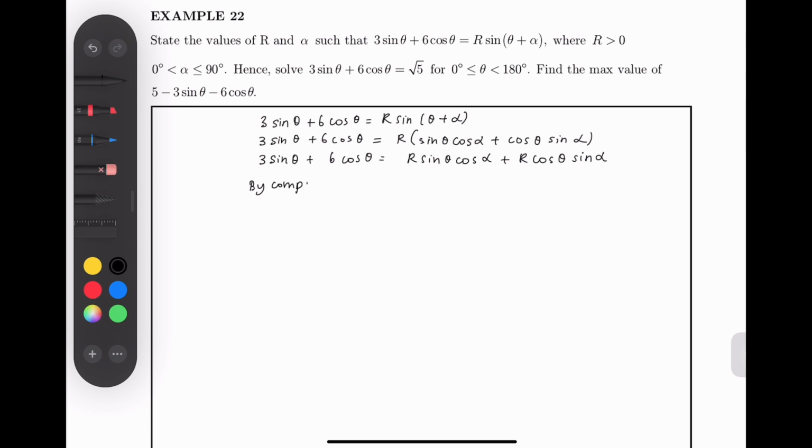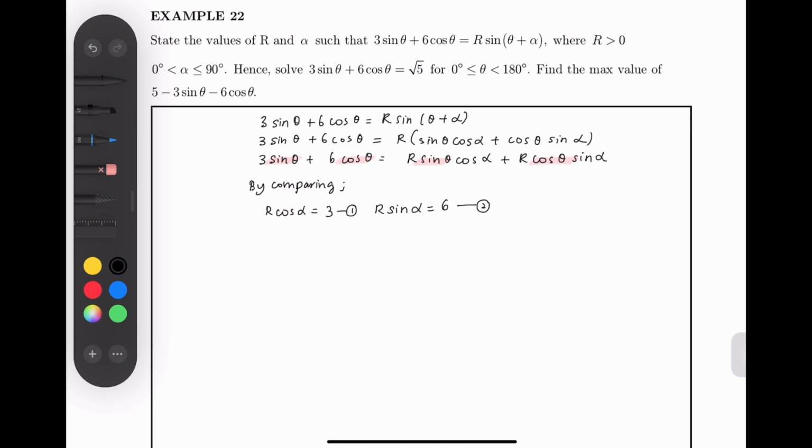So by comparing, the left hand side got sin theta and the right hand side also got sin theta. So the r cos alpha is equal to 3. Repeat the same process for cos theta. So for the right hand side, you're going to get r sin alpha equals to 6 from the left hand side. So this is our first equation and second equation.